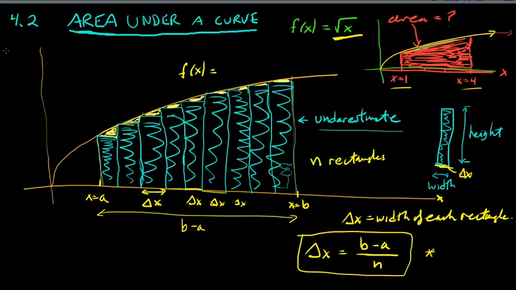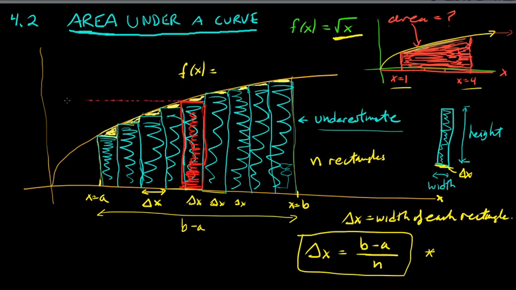What about the height of each rectangle? Well, the height is going to be a little bit trickier. So let's look at this specific rectangle here. And again, this is the rectangle we want, and we want to figure out the height. So notice the height is just the y value at this point.